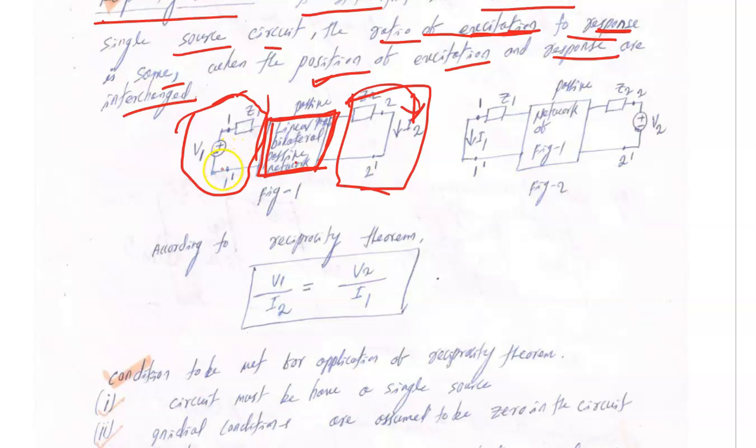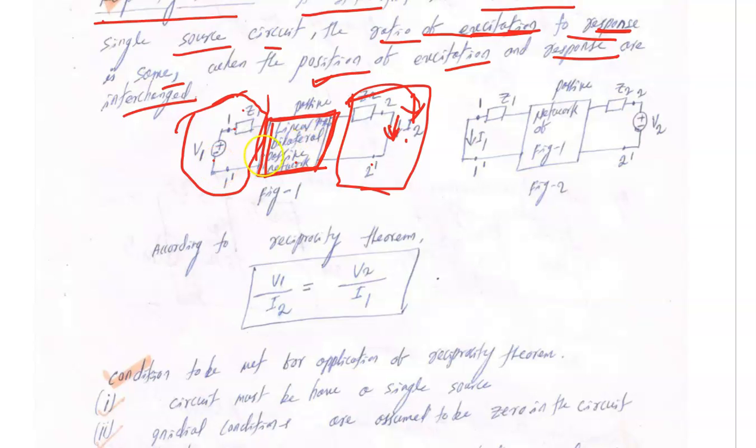So I have connected a voltage source V1 with an impedance of Z1, and similarly I measure the current at port 2 as I2.